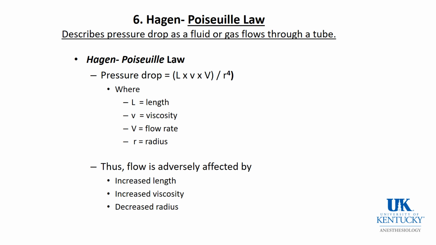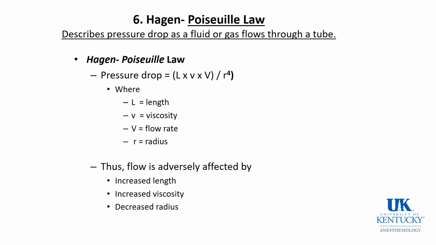The next topic was Poiseuille's law. This describes the pressure drop of a fluid or a gas through a tube. And this is the formula. It says the pressure drop is proportional to length and the viscosity and the flow rate and inversely proportional to the fourth power of the radius.